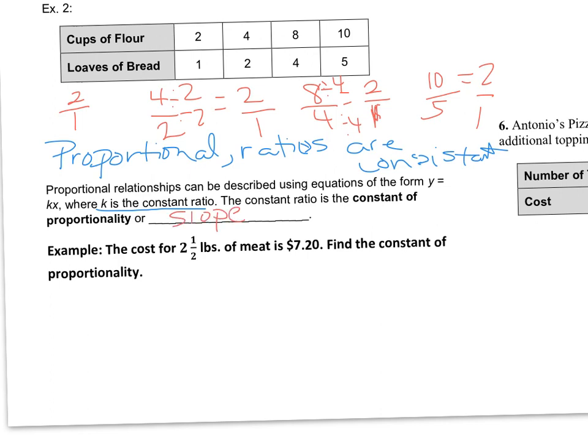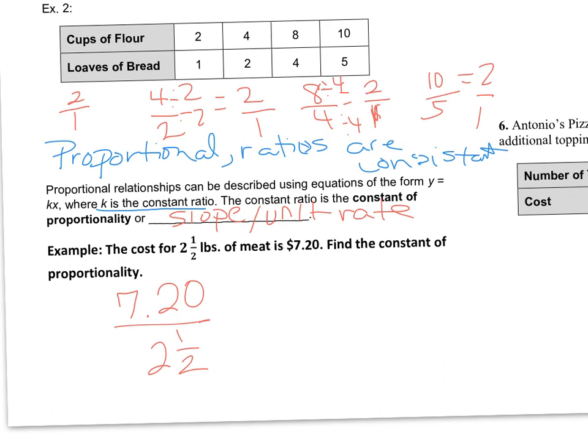For example, the cost of 2.5 pounds of meat is $7.20. Find the constant of proportionality. In this case, we are simply taking the $7.20 and dividing it by 2.5. As you can tell, we're dealing with money, so we can talk about the constant of proportionality being a unit rate, meaning that we would get a denominator of 1.